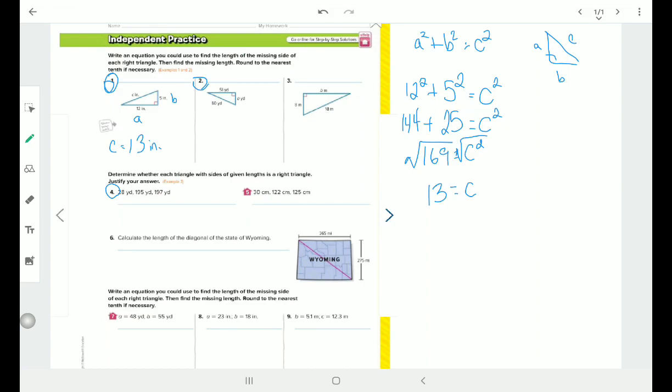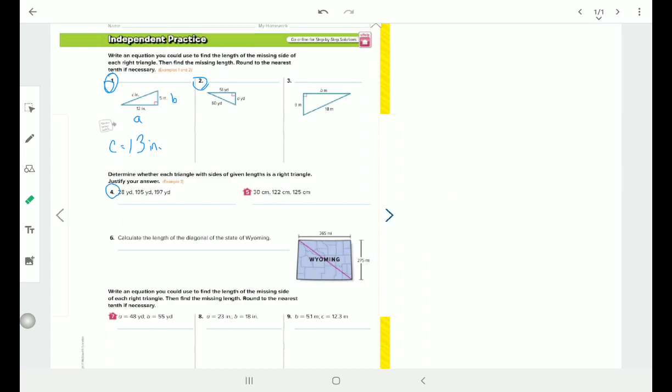So that's the process that you're going to follow each time to figure out these missing pieces. On number 2, this time we're not missing the hypotenuse, we're actually missing one of the legs. So we know that a is the missing length. That means 51 has to be b, and 60 is the hypotenuse, which is c.